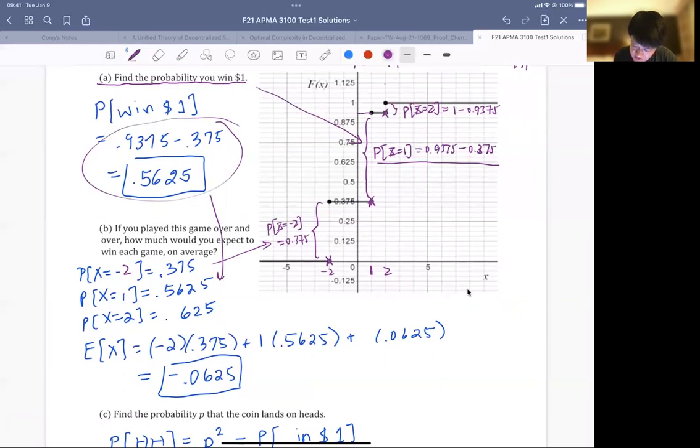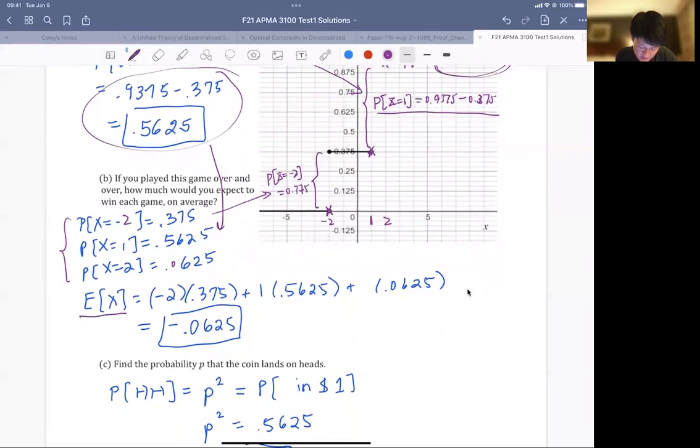And X equals 2 is, as I said here, 1 minus 0.9375. So this is 0.625. So you have these 3 probabilities. Now the expectation of X is the corresponding X value multiplied by its probability, and then you sum them together, right? Sum all these 3 things: -2, +1, and +2. So that's how you get the result.